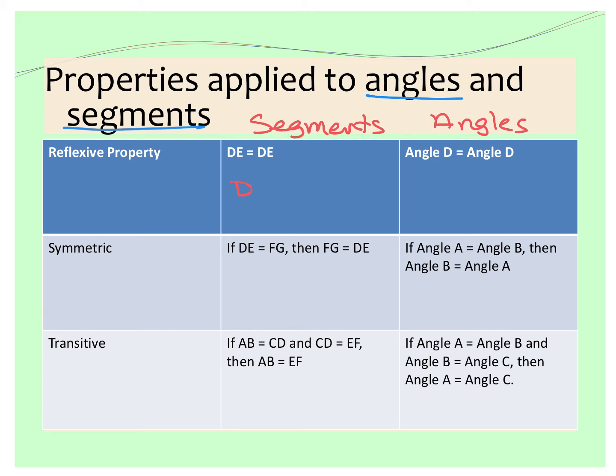Remember from chapter 1, when you name a segment, you don't necessarily need to put the picture of the segment on top of the capital letters, or you can. This is the only one that you don't need to have a little label on top of it or in front of it.